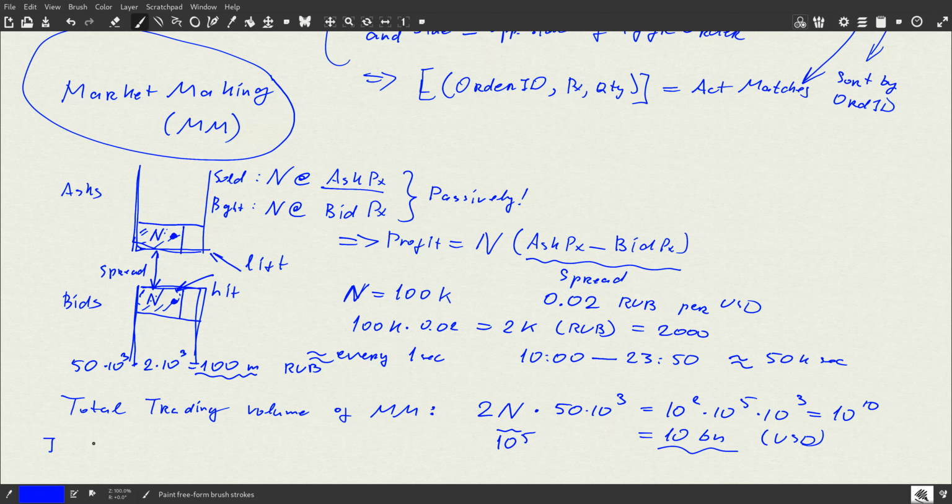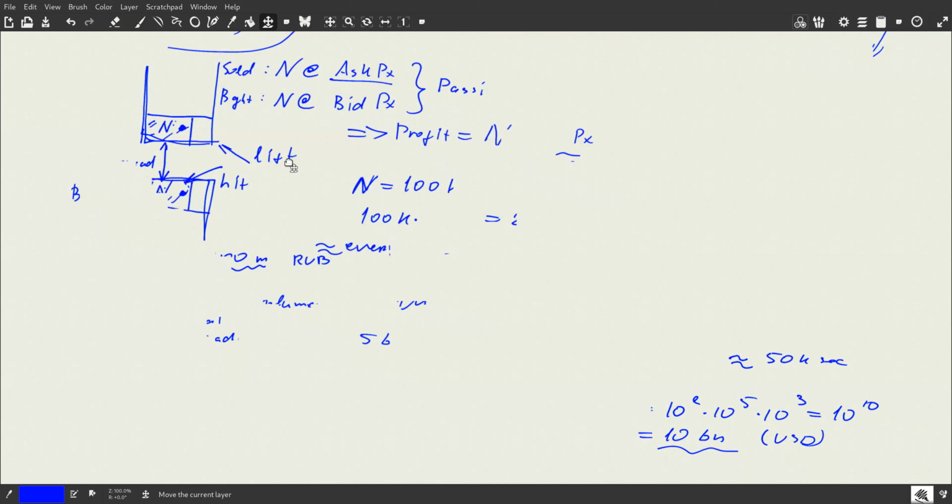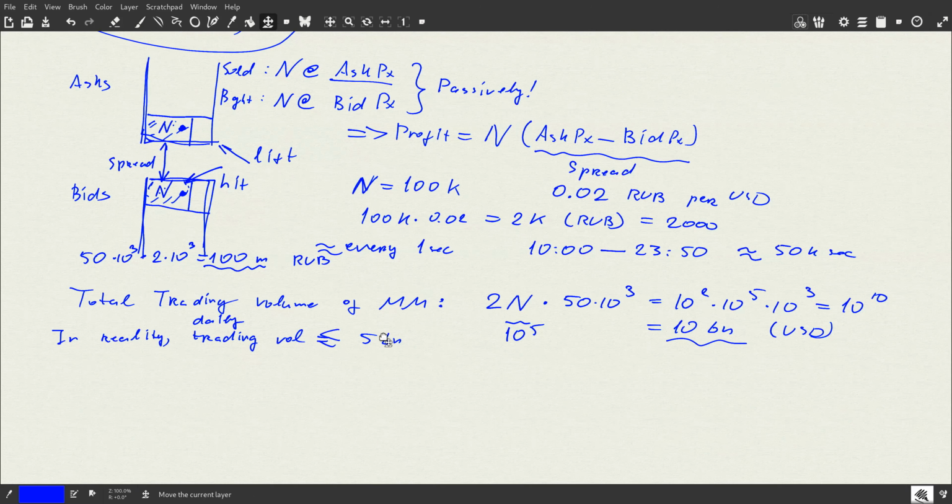In reality, the daily trading volume is less, for example, less than 5 billion. So obviously, we significantly exaggerated our trading volume, and we got 10 billion for ourselves only, whereas in fact the total is only 5 billion.